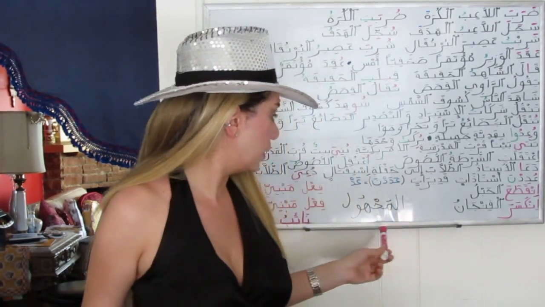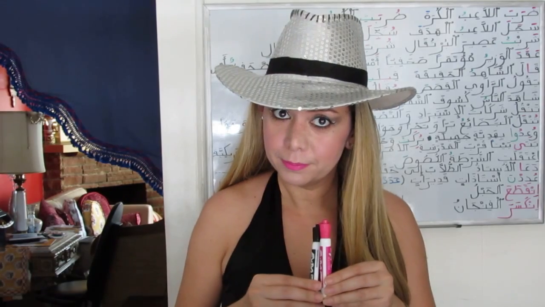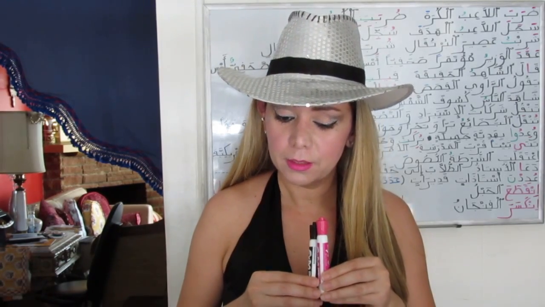In fact, the Arabic word for the passive is al-majhul, the unknown, in reference to the fact that the passive is used so the doer of the action will remain unknown. Alright? Mysterious language.